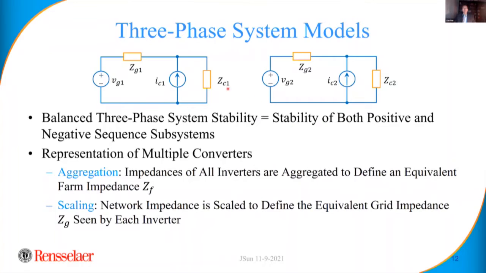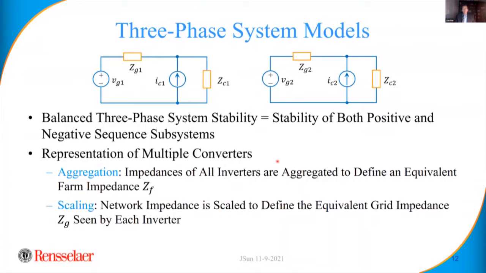Now, the mathematical model assumes just one converter, but that doesn't really limit the application to one converter, because multiple converters at the same location, if they are close enough, integrated to the grid at the same point of common coupling, can be treated as one equivalent converter. You can do that by aggregation, so just calculate the equivalent impedance of the multiple converters connected together.